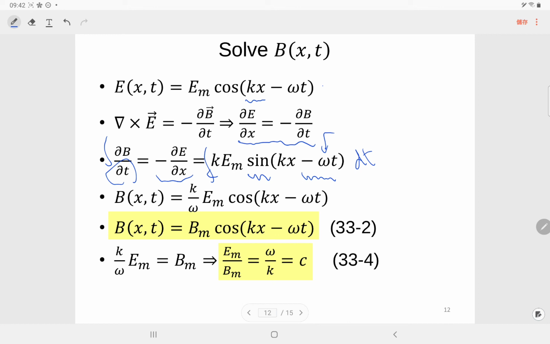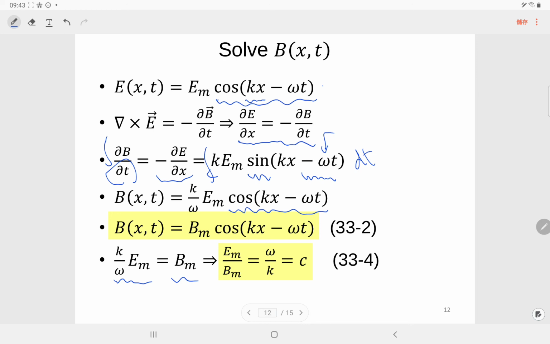cosine(kx - omega t). So actually in the textbook it tells you that this one and this one should be the same. And actually k over omega times EM is nothing but BM. So EM over BM is omega over k.